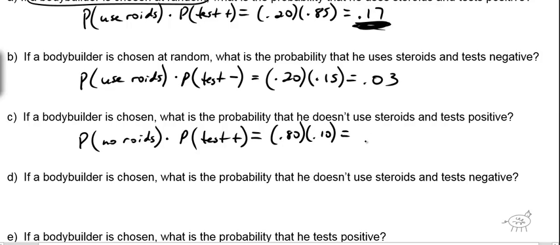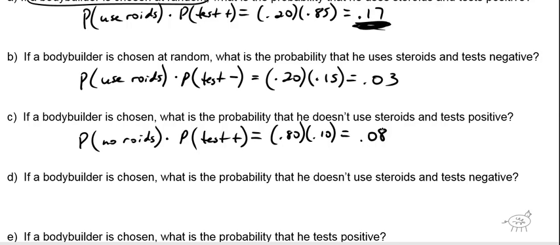So that gives us 0.08. So we'll talk about that probability. So first of all, it's a higher probability that he doesn't use steroids, right? So that's what the 0.8 comes from. But if he doesn't use steroids, but he's tested positive, that means the test is wrong. That's, again, pretty low probability that's going to happen. Okay, that he's not going to use steroids, but yet he's going to be tested positive.